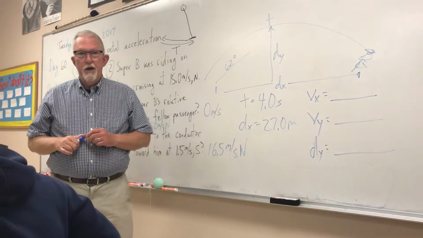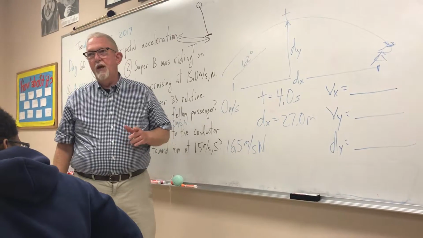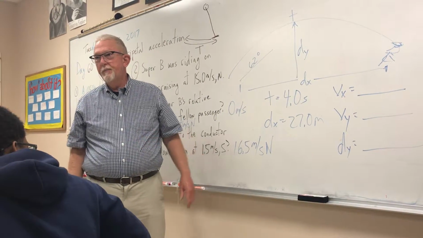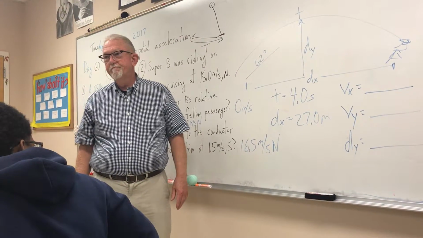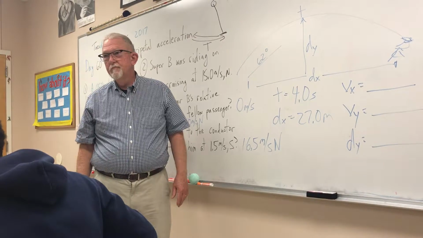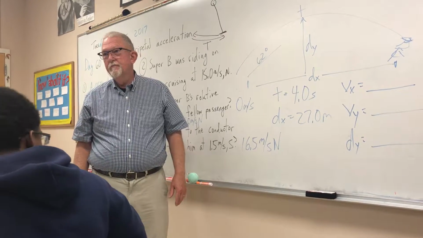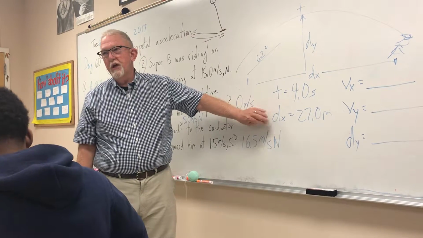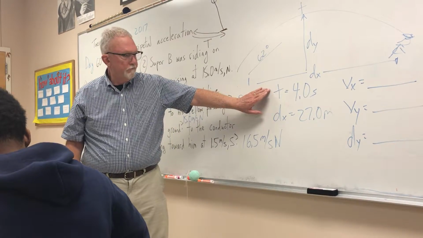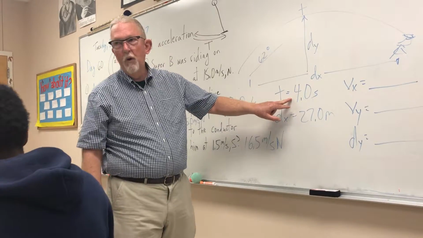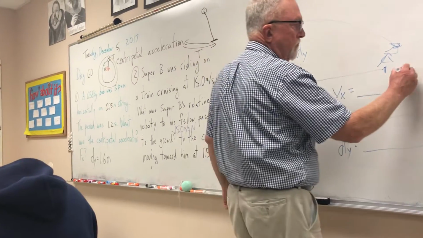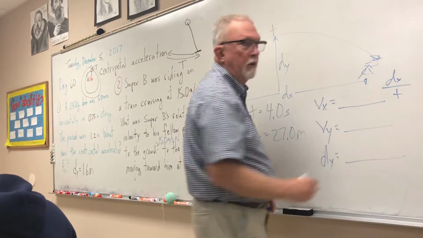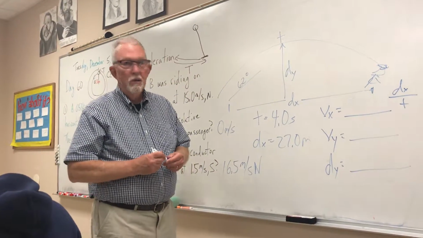Okay, let's break this down. What is the first simplest thing we can do, Mary Scott? Find Vx. Yeah, find Vx, because all you have to say is dx over t. 27 divided by 4. When did we get that from?